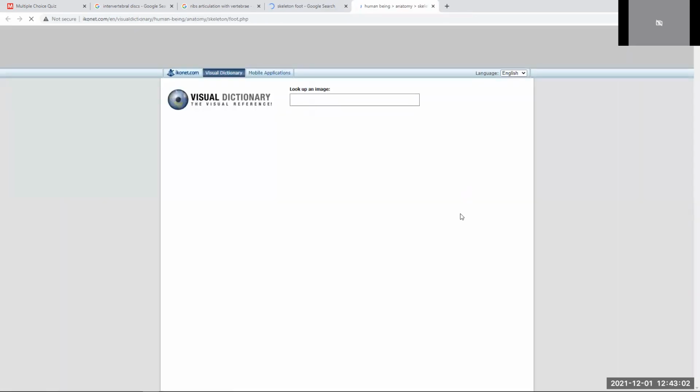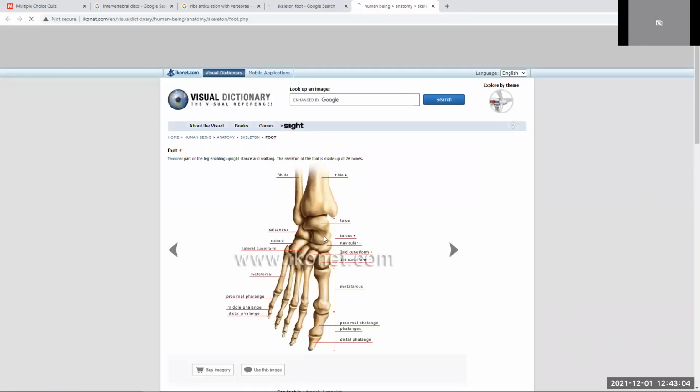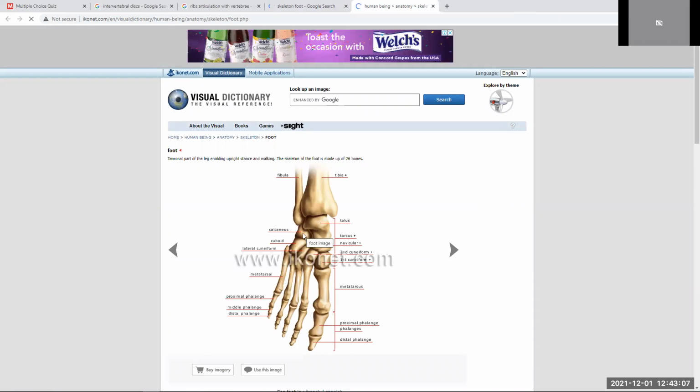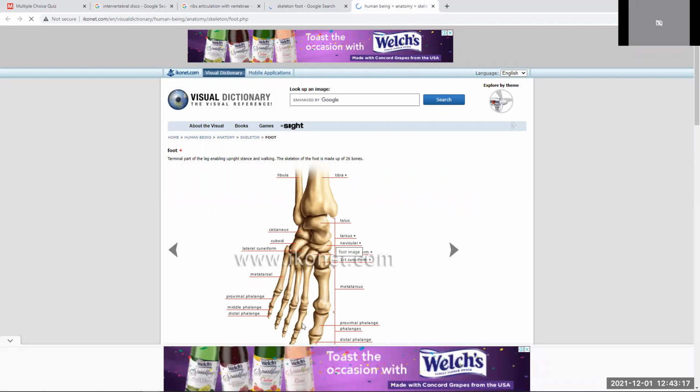The tarsals. So we have the tarsals, metatarsals, and the phalanges at the end, but collectively these are known as digits, and we have digits in both the hand and the foot.